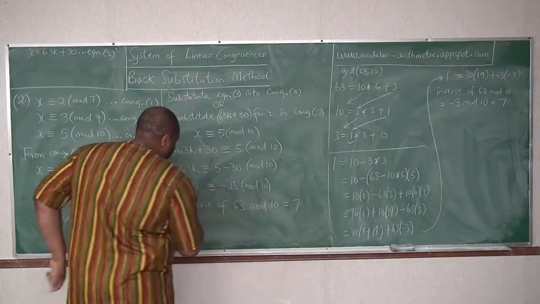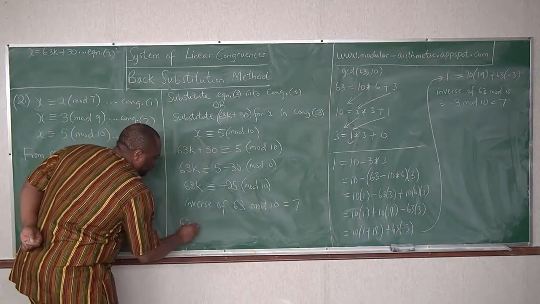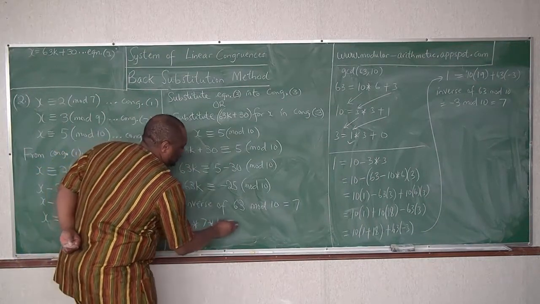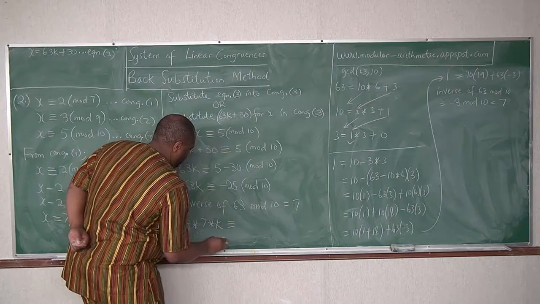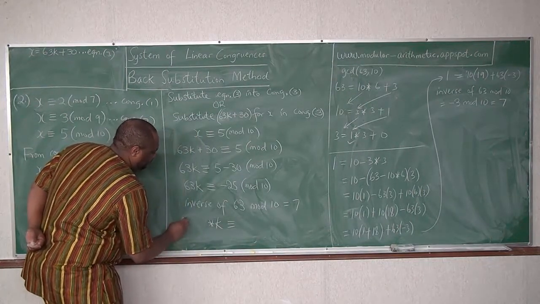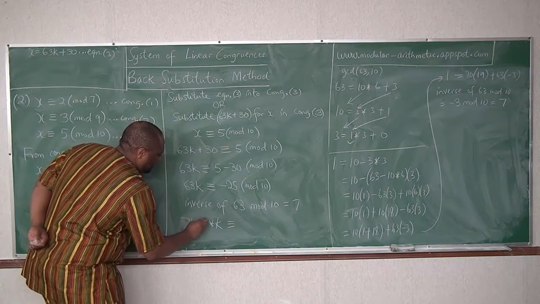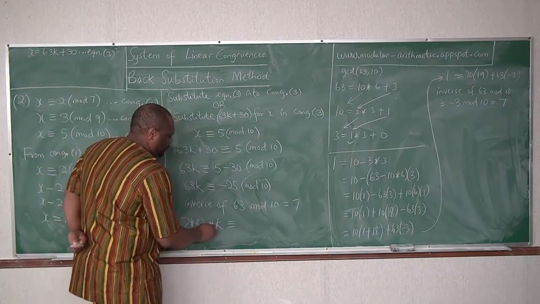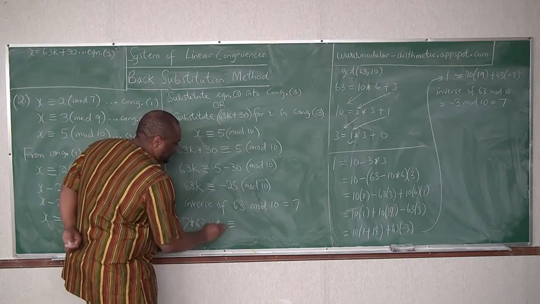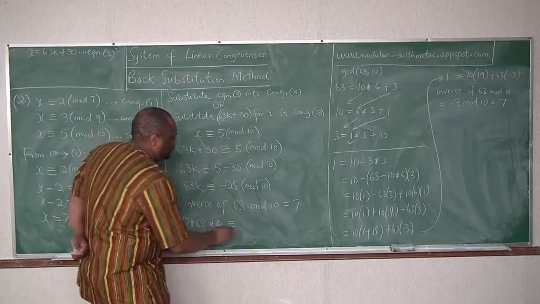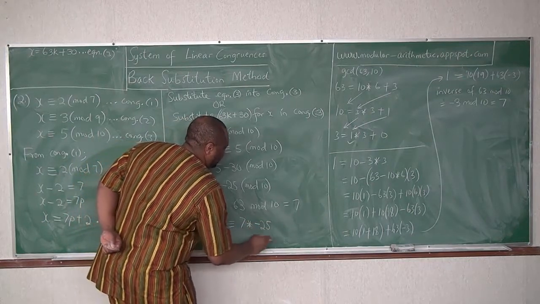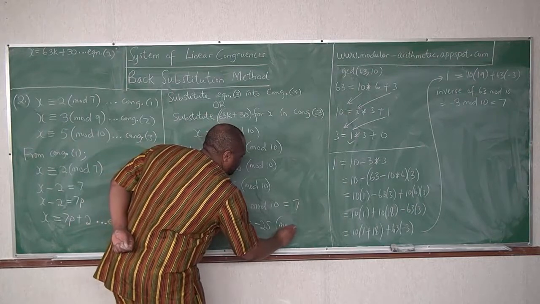So this is 7 times 63 times k is congruent to 7 times negative 25. Okay, everybody in mod 10.